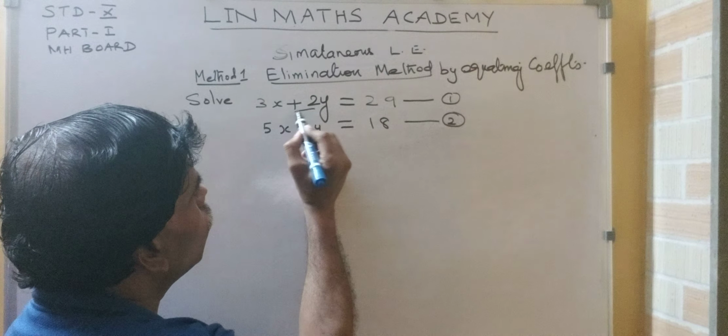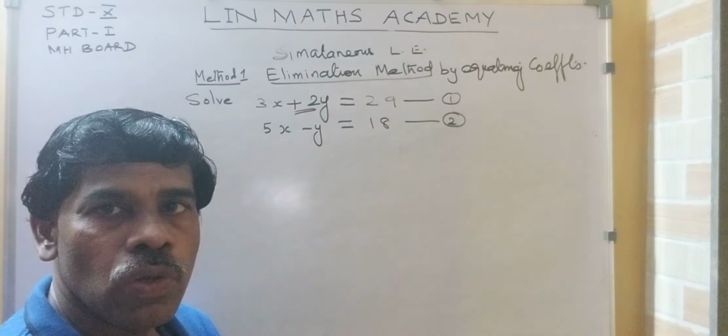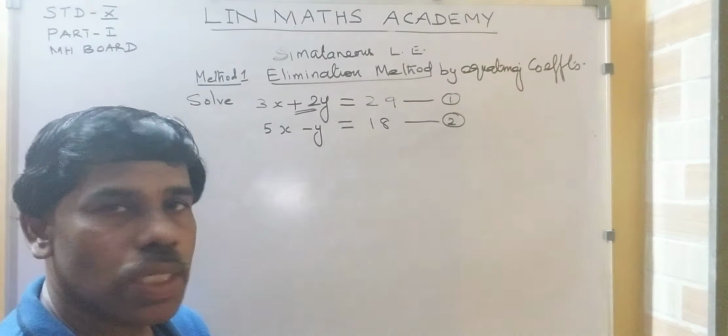Plus 2. What is the coefficient of y here? Minus 1. Equating means we are making equal the coefficient of y. So, here if I want 2, I have to multiply equation 2 by 2.